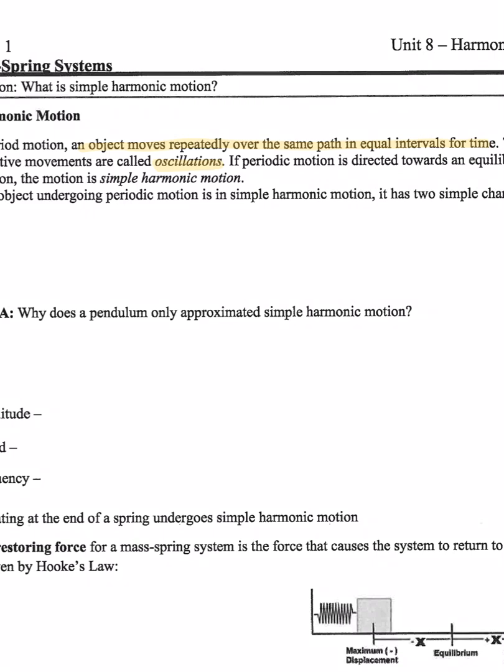So let's go through and figure out what else we've got going on here. If an object undergoes simple harmonic motion, two characteristics. The force is directed towards what? Okay, what do we call that? Yep.